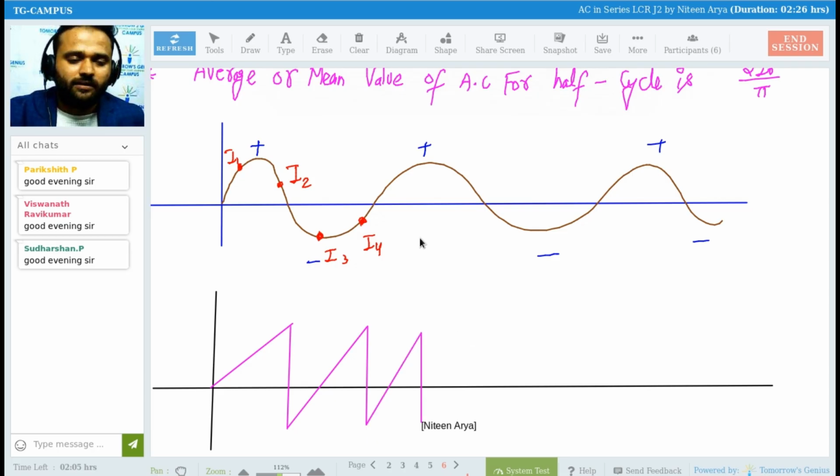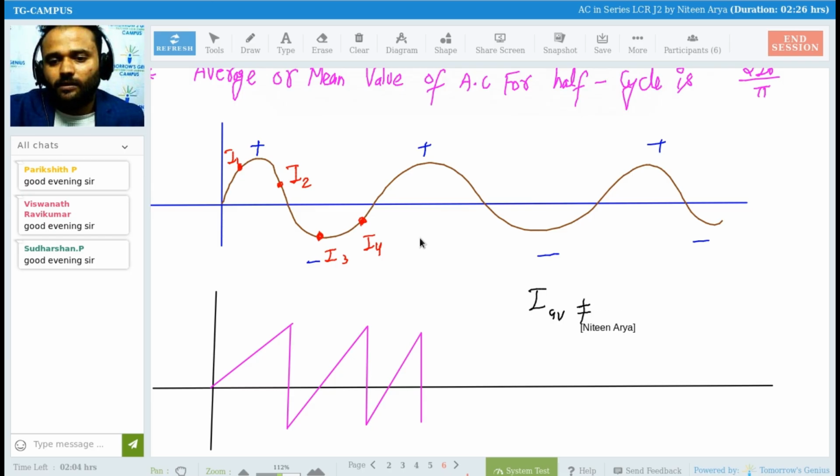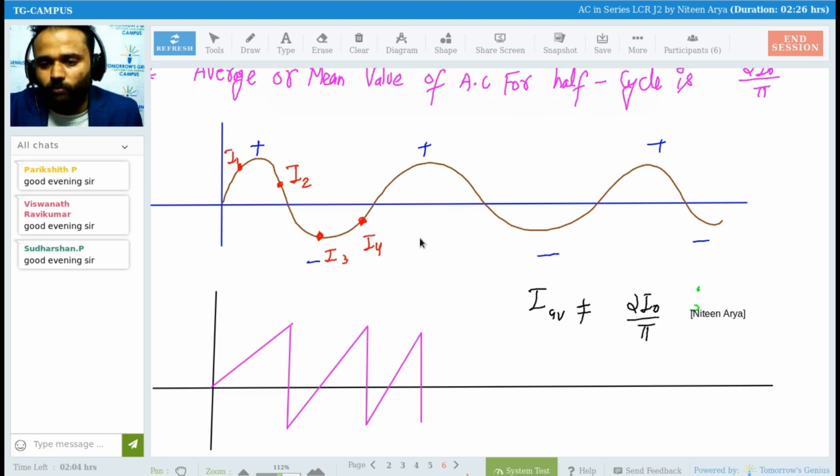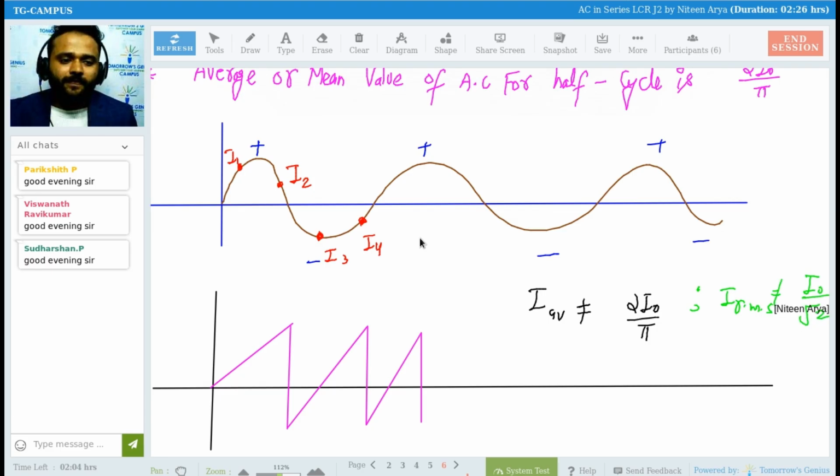For this particular kind, the I average is not equal to 2I naught by pi, neither is IRMS going to be that. It is not, so this formula is applicable for the sinusoidal only.